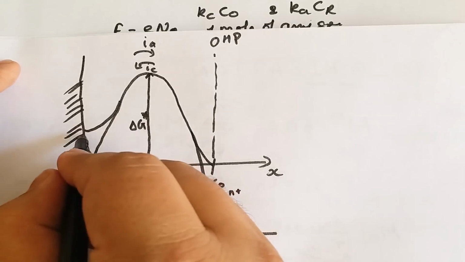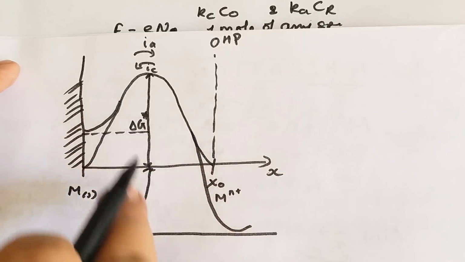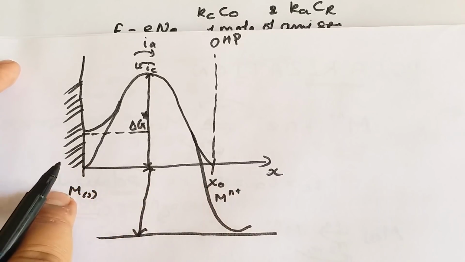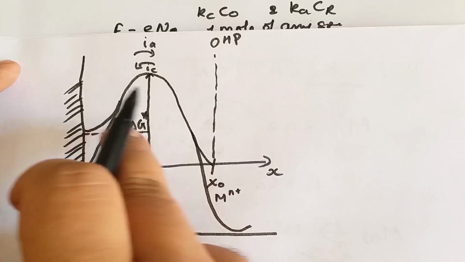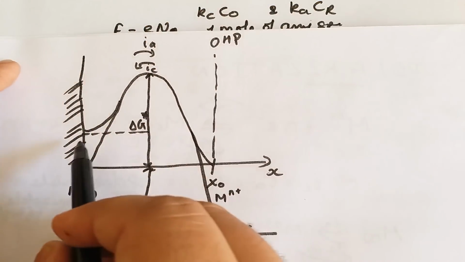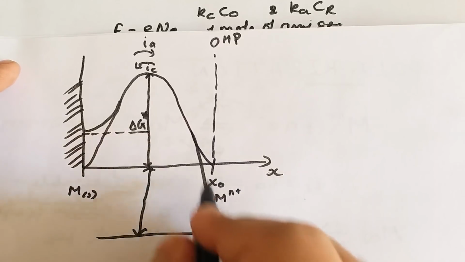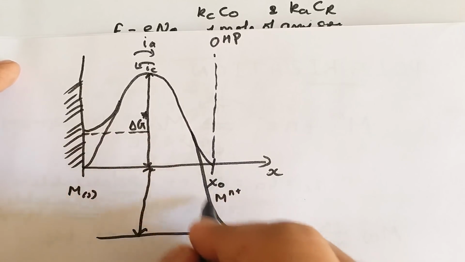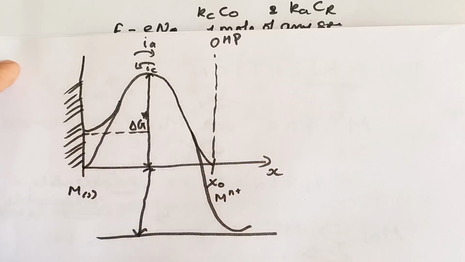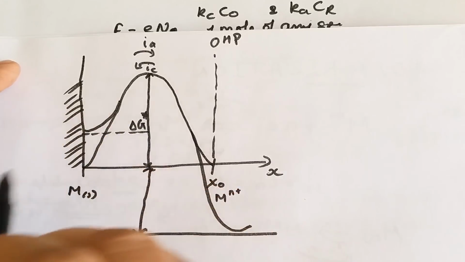This much amount of more work will be required for the cathodic process to transfer the electron to the metal, and this much amount of less work will be required for the transfer of the metal to the metal ion. So this much more electrical work has to be done, and hence this amount of work is to be added to our activation energy.